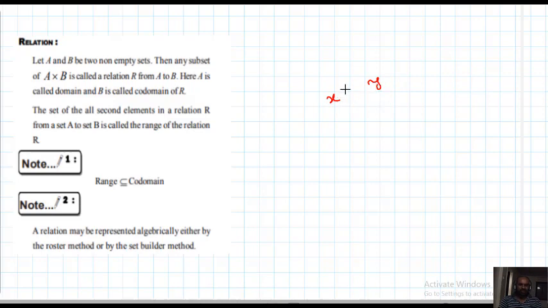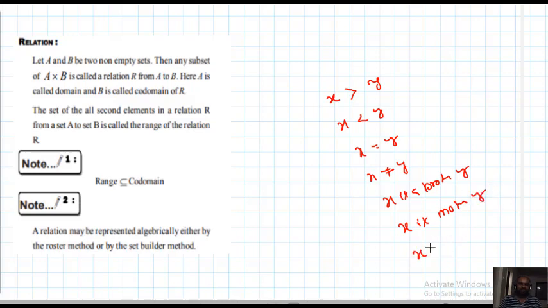While comparing them, we can say x is greater than y, or x is less than y, or x equals y, or x is not equal to y, or x is a brother of y, x is a mother of y, x is the capital of y. These are all examples of relations.